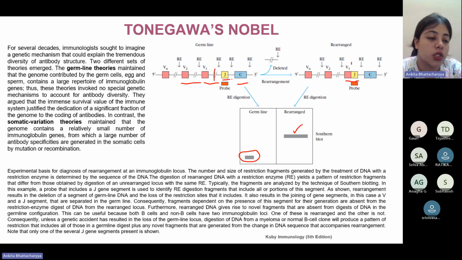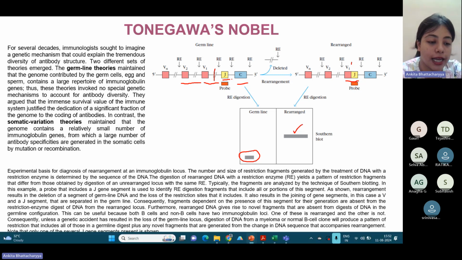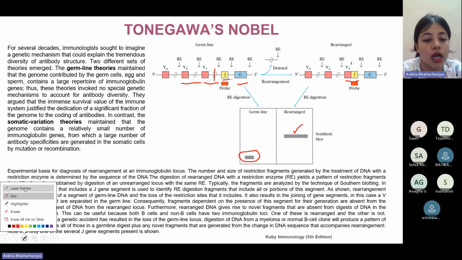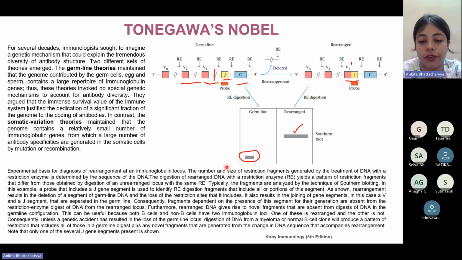So the experimental basis for diagnosis of rearrangement at an immunoglobulin locus. The number and the size of restriction fragments generated by the treatment of DNA with a restriction enzyme is determined by the DNA sequence.